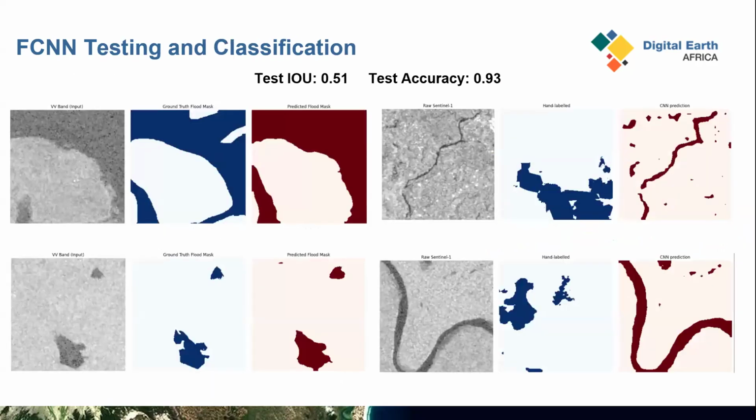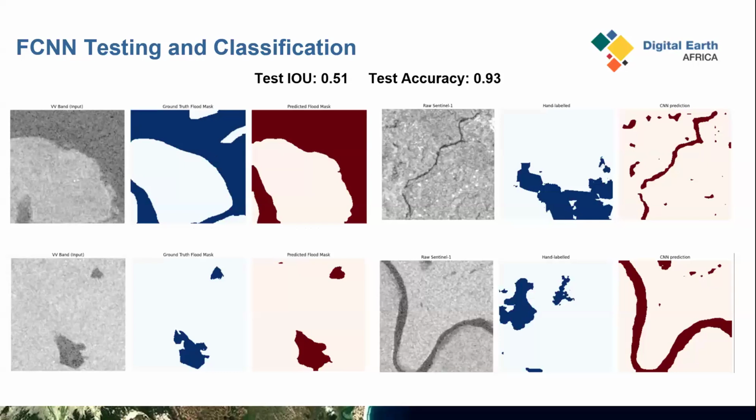So when I test on unseen data, we see that there are multiple things that we could pay attention to. The two plots on the left, I'm not sure if this appears as right or left to you, but on my left, we see the Sentinel-1 input and the ground truth mask.